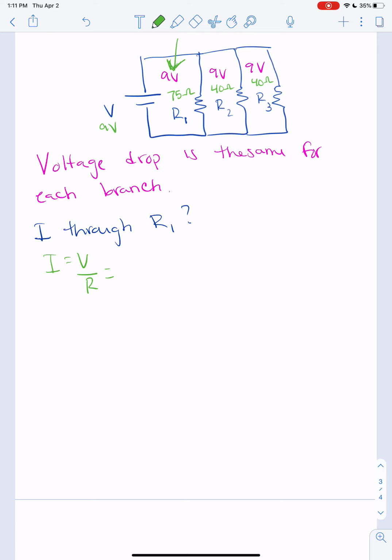We see that the voltage is 9 volts, which is the same as the battery, right? We know that because all of the branches have the same voltage drop as the battery. And divided by our 75 ohm resistor, put that on a calculator, and we get 0.12 amps as our current through R1.